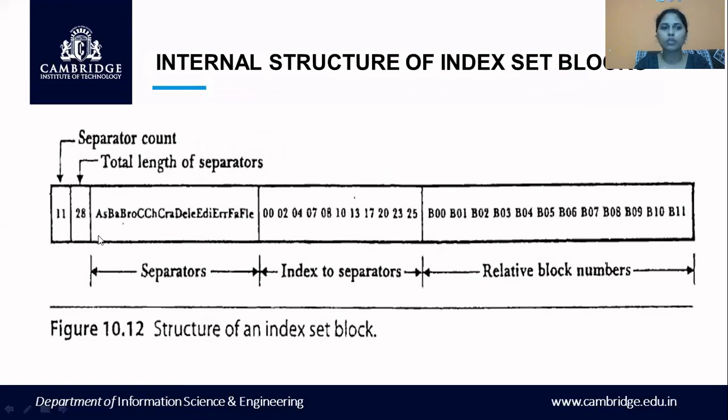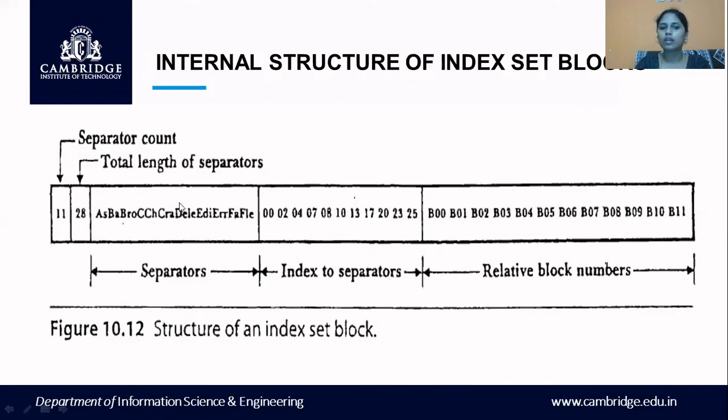That is why we are using the total length of separators, because the record structure we are using here is variable length record. We should know where the separator is going to end. Because of this length, I know that after 28 characters, the separators' data is going to end and the next data is going to start. That is the help of the total length of separators.